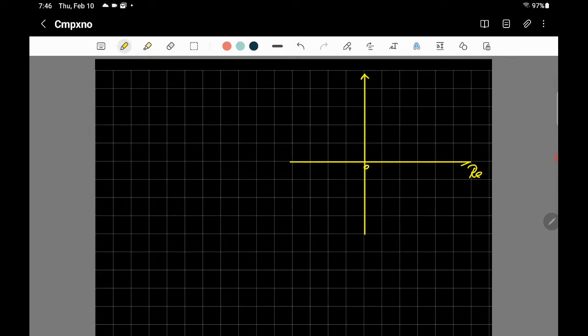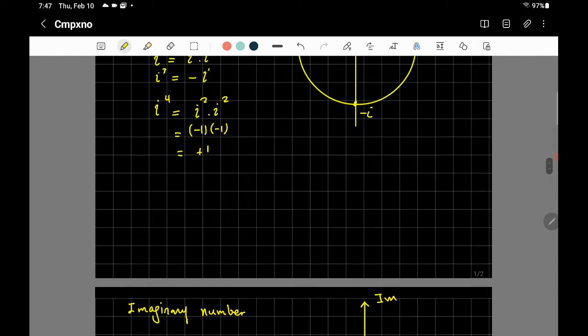You have 0, 1, 2, 3, 4. And that's the negative side, negative 1, negative 2, negative 3, negative 4, and so on. The vertical axis now will represent the imaginary number, this number that starts with i, like when we did last time.